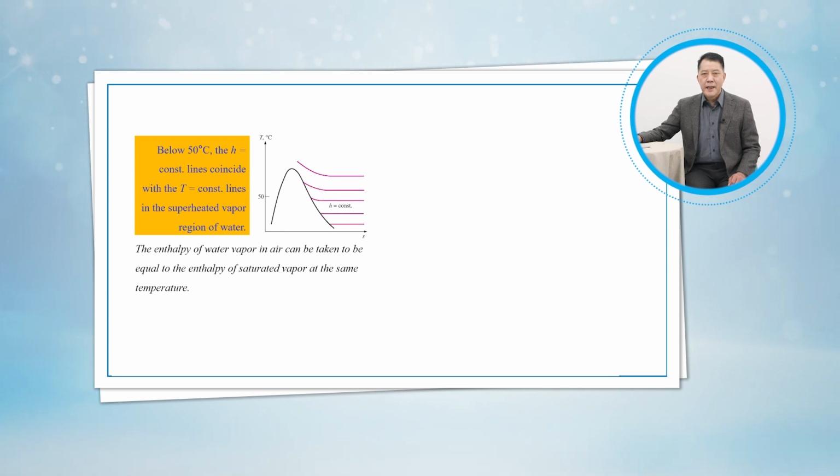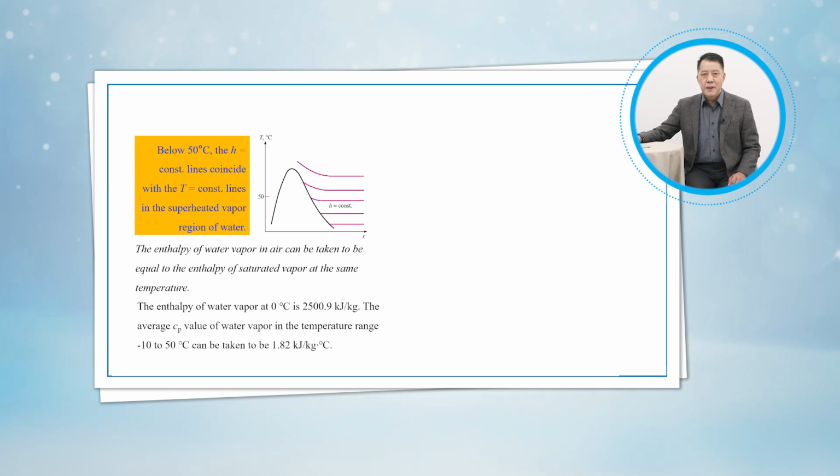Therefore, the enthalpy of water vapor in air can be taken to be equal to the enthalpy of saturated vapor at the same temperature. The enthalpy of water vapor at 0 degrees centigrade is 2500.9 kJ per kilogram.